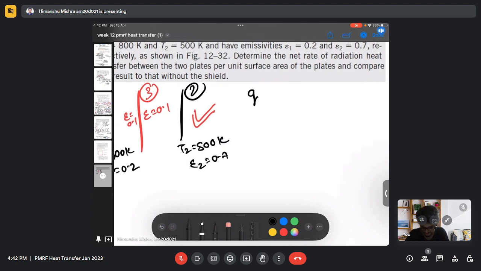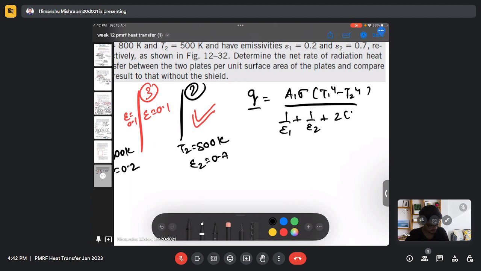So I can directly write down the heat transfer relation, which has 1 by epsilon 1, 1 by epsilon 2, and the shield terms.